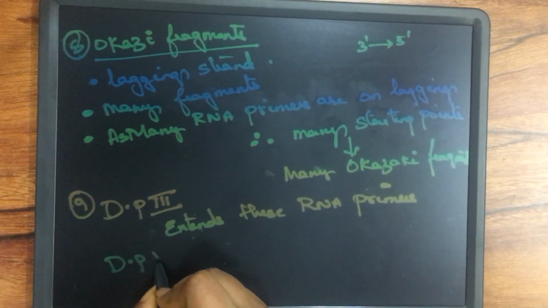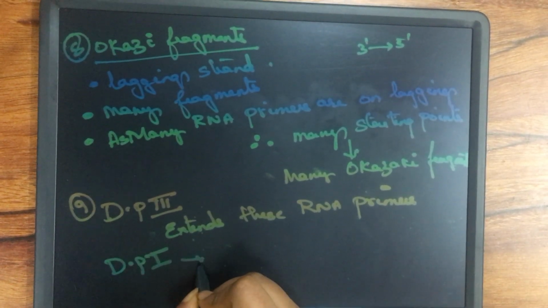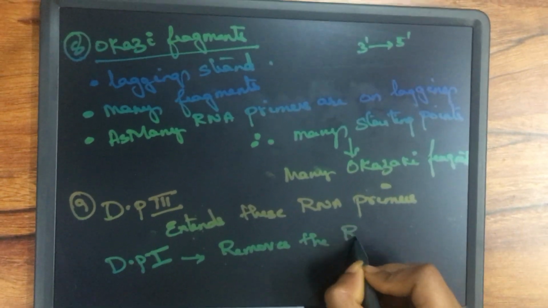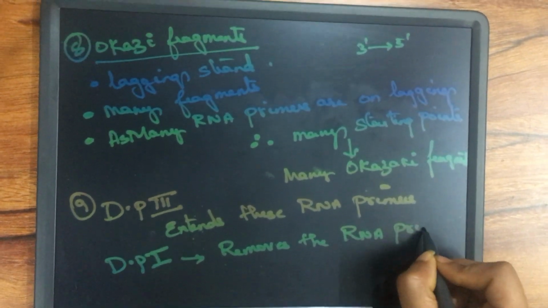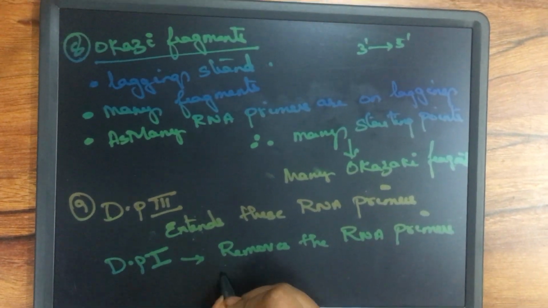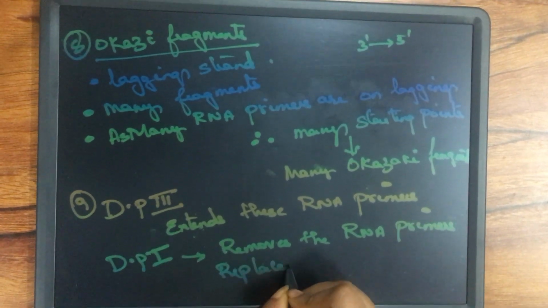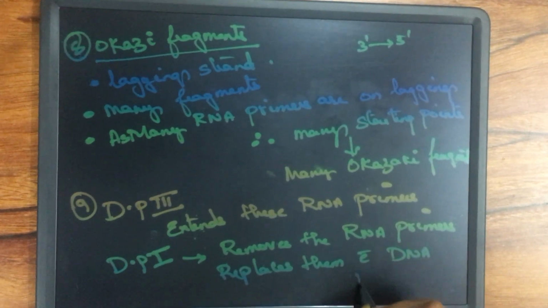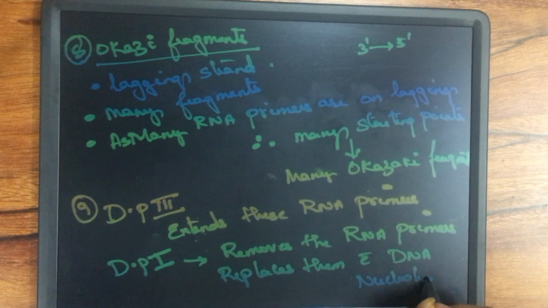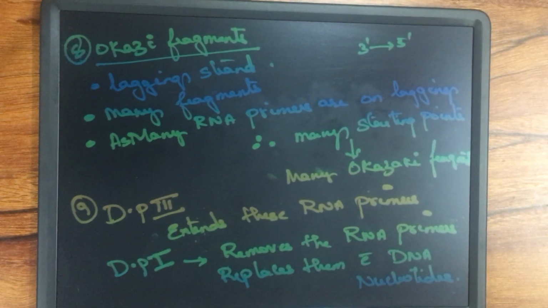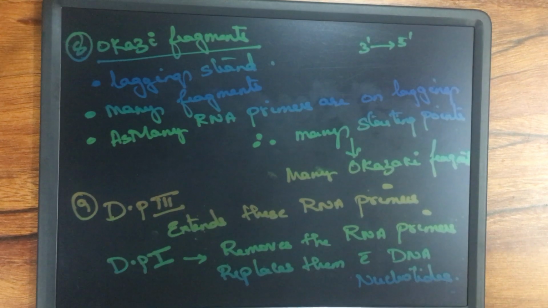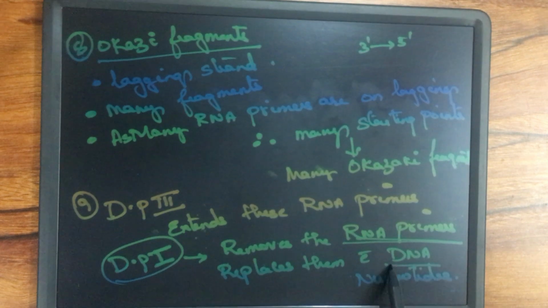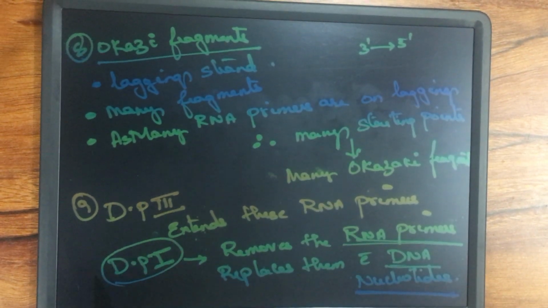DNA polymerase 1 removes the RNA primers once extension is done and replaces them with DNA nucleotides. Okay, once extension is done, they are replaced. DNA polymerase 1 comes, removes the RNA primer and replaces it with the DNA nucleotides.